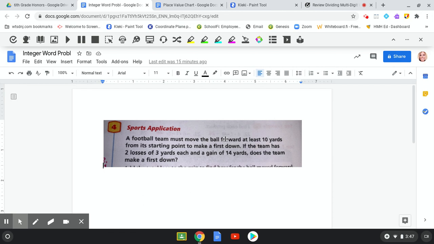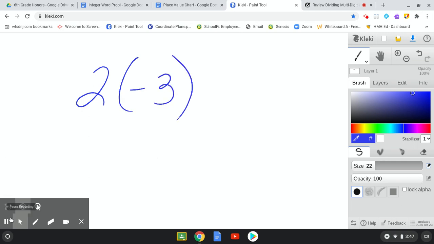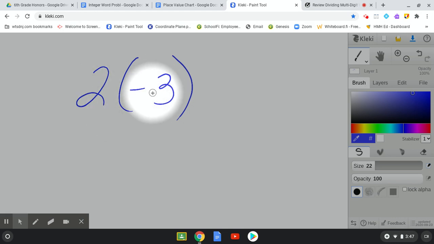All right. So we're going to use that 10 after we solve our problem. So the team has 2 losses of 3 yards. Well, first of all, a loss, you have to think, is that a positive or a negative? Well, we should know that a loss is a negative. So they had 2 losses of 3 yards. So 2 times -3. All right. So I had 2 losses, and each of the losses were 3 yards, and a loss is negative.